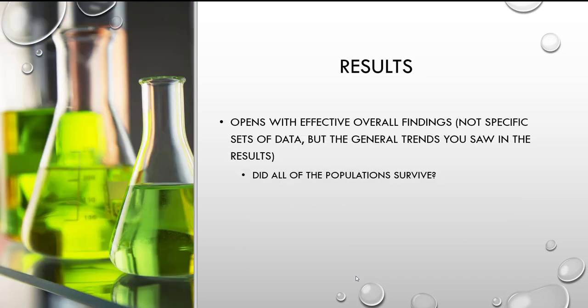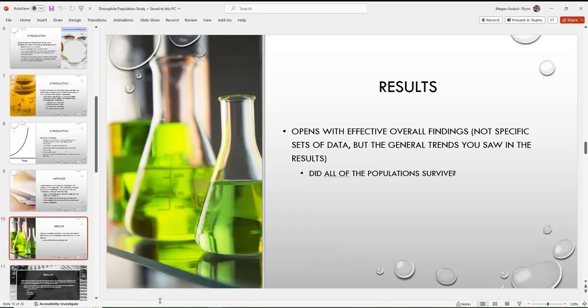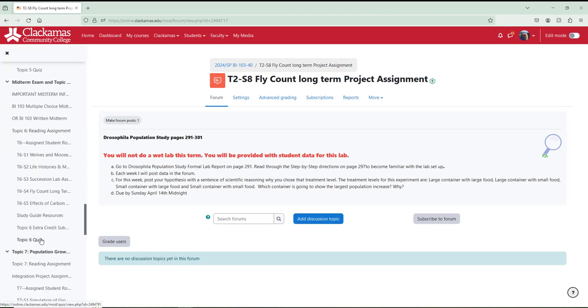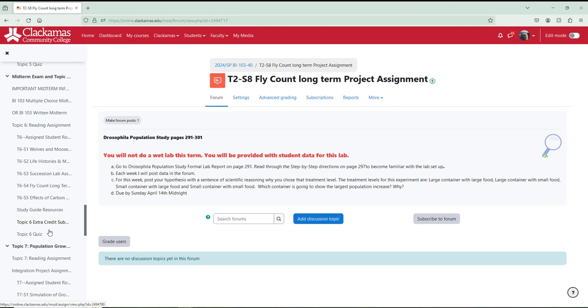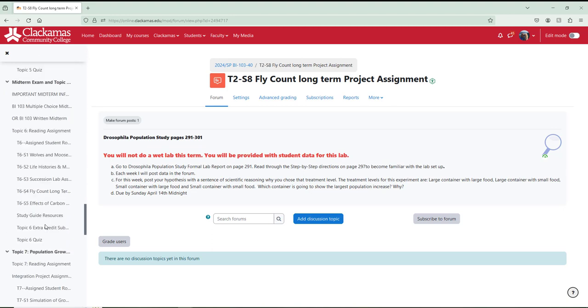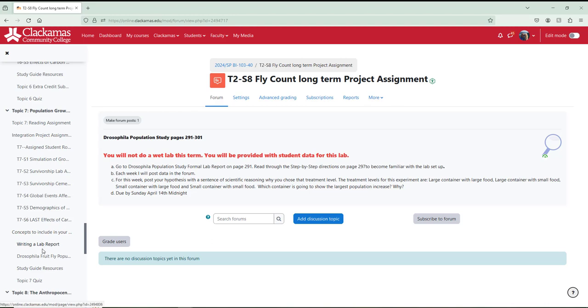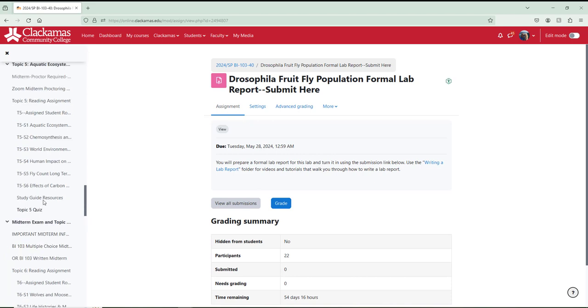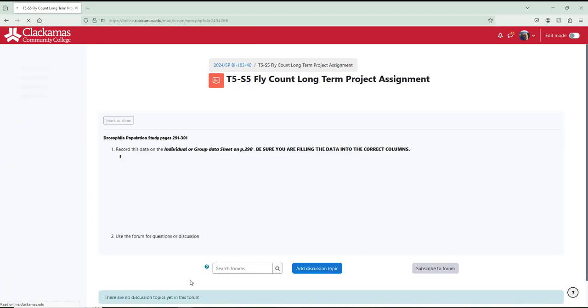And then finally, we're going to look at the results. So the results were given to you, and let me go back. If we go back to our Moodle page, where did I give the results? Nope, I think I gave it in this one.